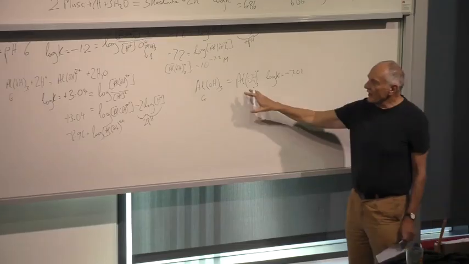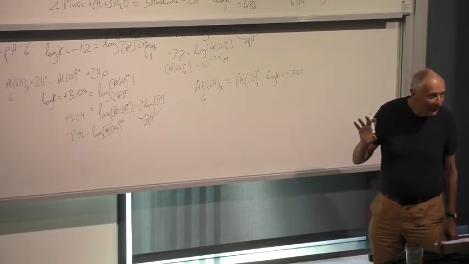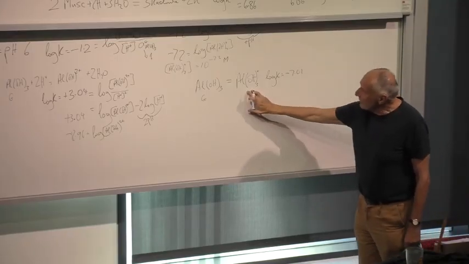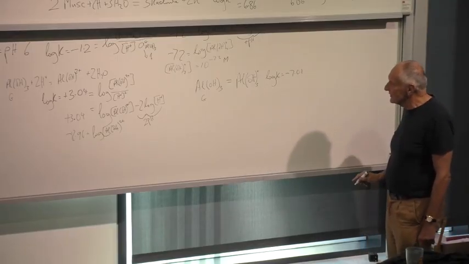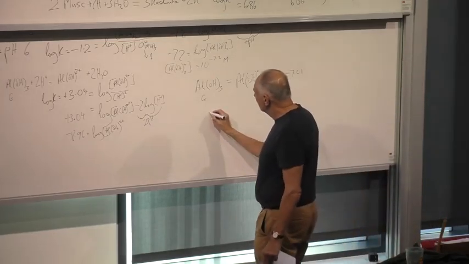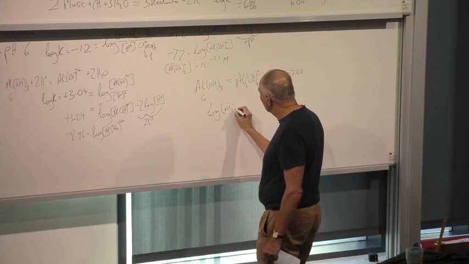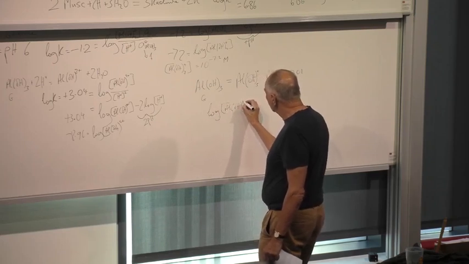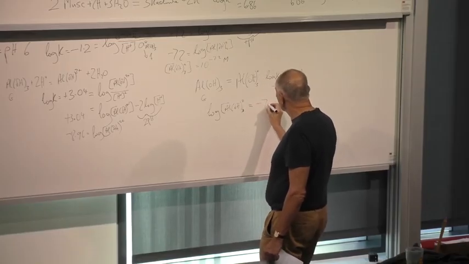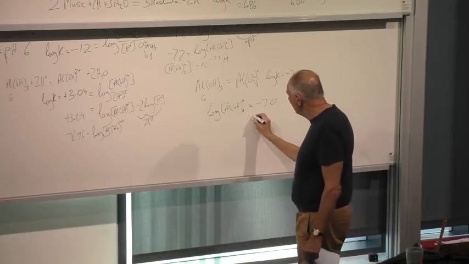There's no hydrogen ions involved in this solution reaction. Therefore, this reaction doesn't depend on pH. We always have the same amount of AlOH3 in solution. So log AlOH3 is equal to minus 7.01. Again, 10 to the minus 7.01 molar.